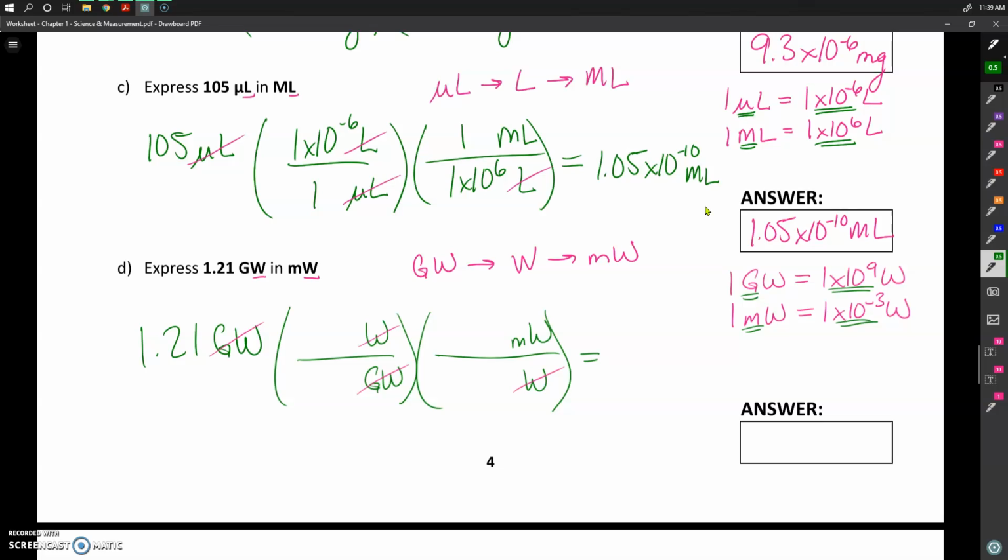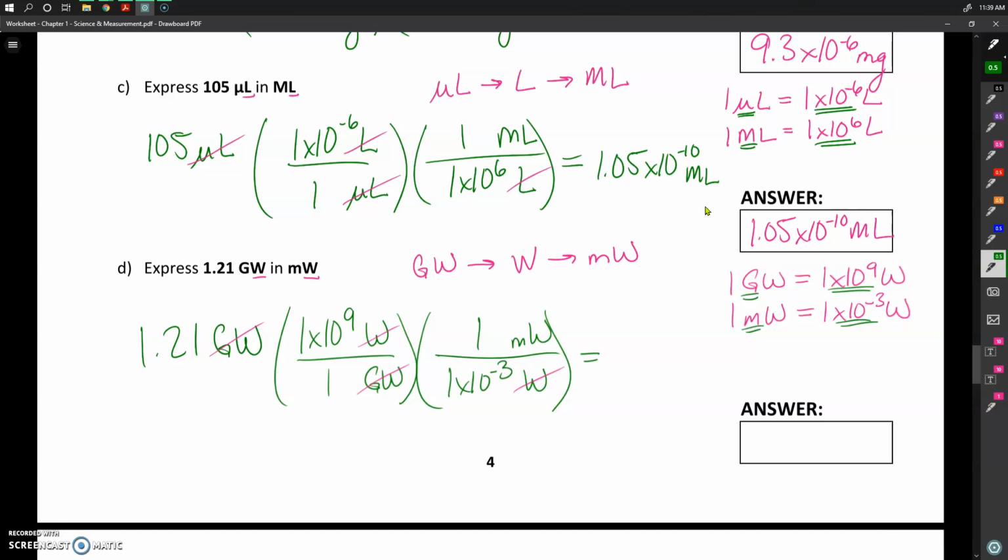Now that I have my equivalence statements, I can see how the numbers are associated with the units in these conversion factors. So for the first conversion factor, I have a 1 in front of the gigawatts, and I have a 1 times 10 to the 9th in front of the watts. For the second equivalence statement, or second conversion factor, I have a 1 in front of my milliwatts, and I have a 1 times 10 to the negative 3rd in front of the watts.